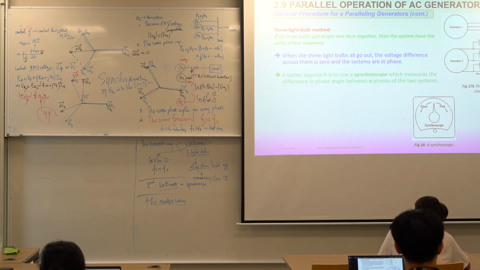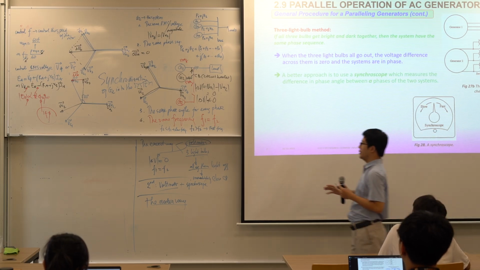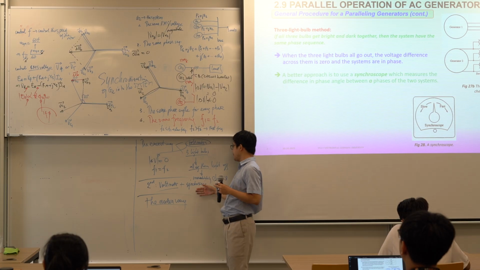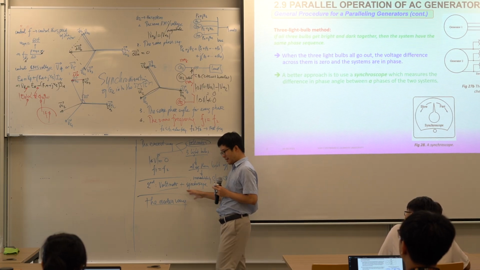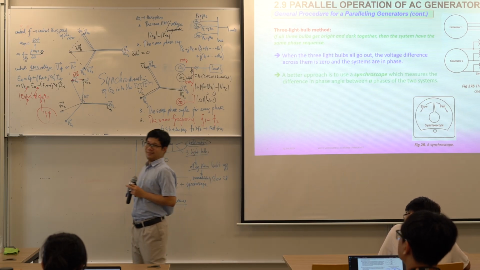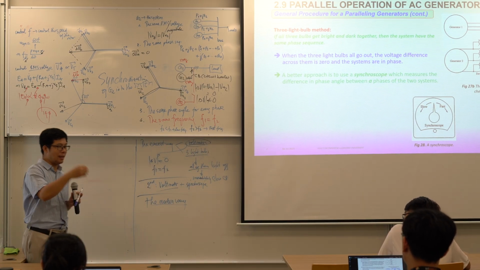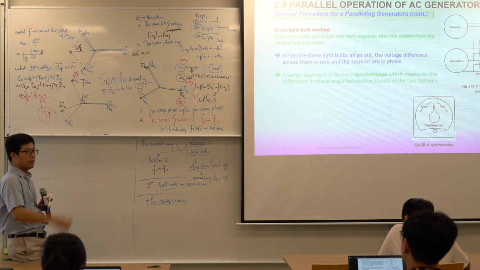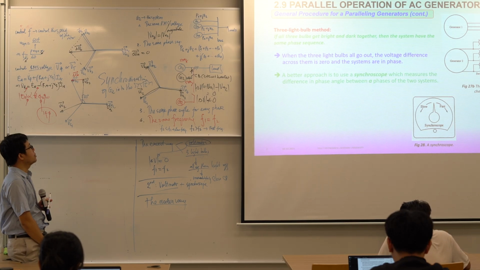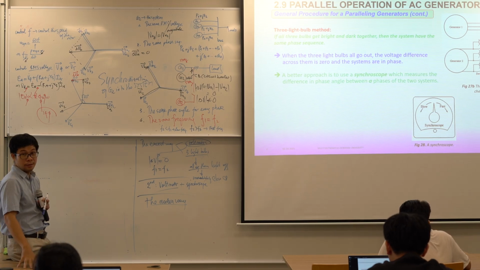Everything is an automatic system. But in the lab, we use this one and this one. This is an automatic device. They will automatically check the same frequency, the same voltage, the same magnitude, the same sequence.